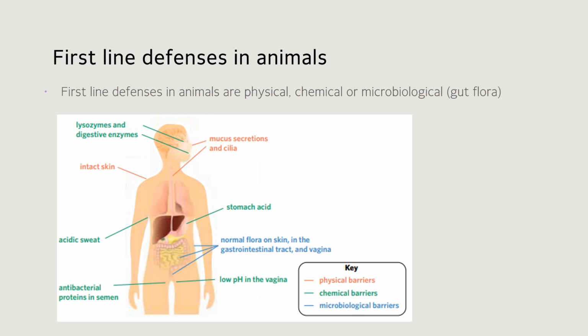When we're talking about our first line defenses, we've got physical barriers like our skin and our mucus secretions, and then we've got chemical barriers, things like sweat and stomach acid and lysosomes, anything that can slow down or stop the entry of pathogens inside of our body. That's really all you need to know about those first line defenses. All you need to be able to do is identify a couple of them, maybe one example of each of the categories, and explain how it could prevent a pathogen from gaining access to our bodies.